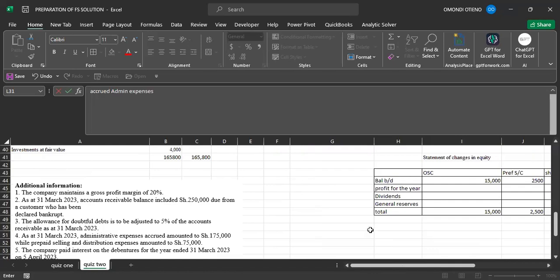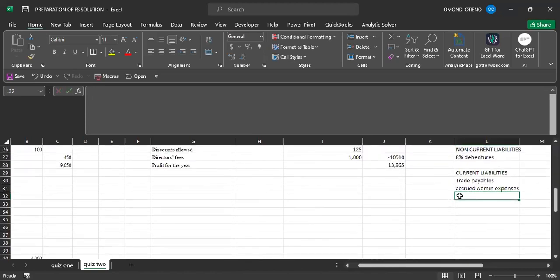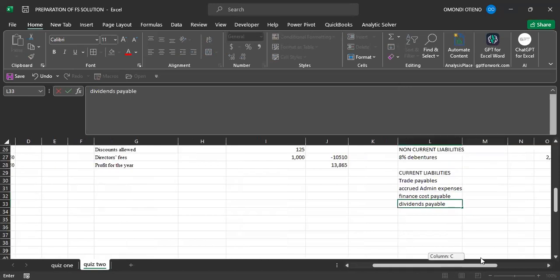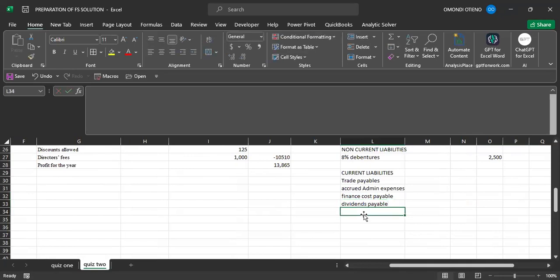Accrued expenses are now liabilities. Remember, these people do not pay that interest. Finance cost payable. Dividends was just proposed. They did not pay that dividends, right? So we have proposed dividends payable, right? Good. Then we have bank overdraft.